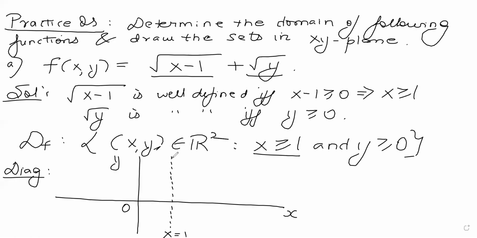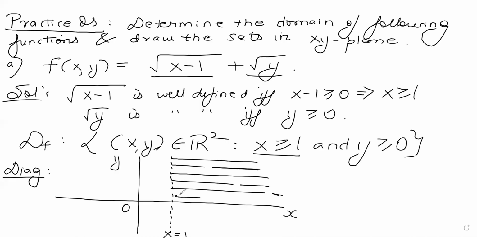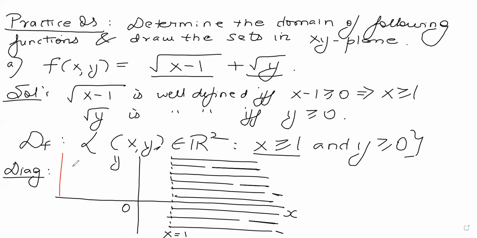And x greater than or equal to 1 means all shaded area to the right of 1. This is x greater than or equal to 1. Y greater than or equal to 0 means the positive y-axis. This is my y greater than or equal to 0.